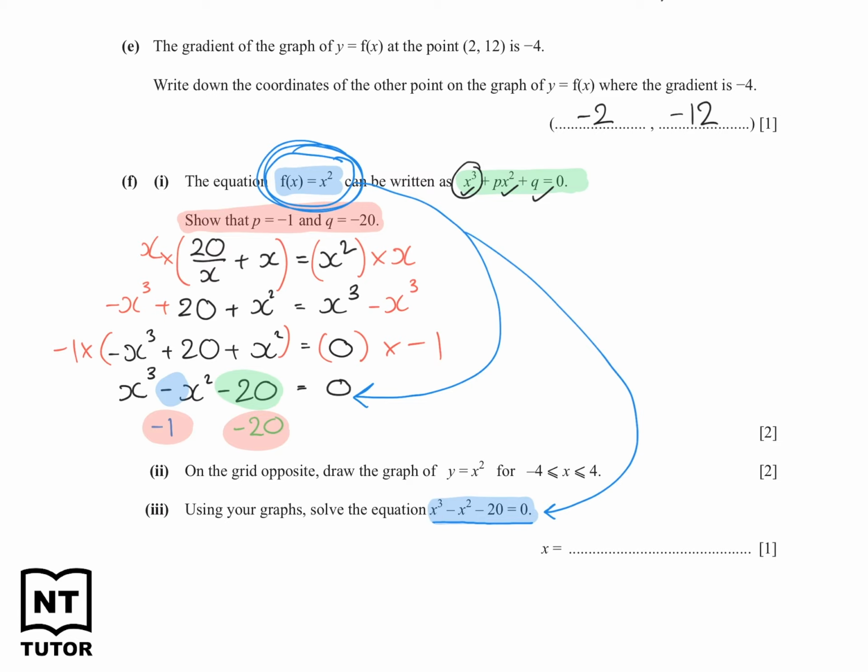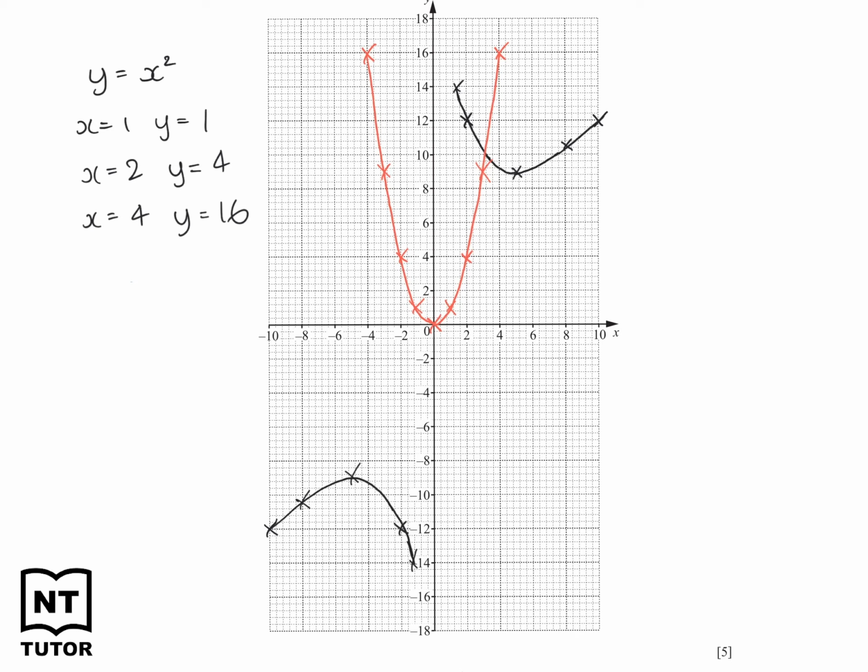And we can find this from the graph that we just drew. We already drew the graph of y equals x squared in the previous part of the question, and we've drawn the graph of y equals f(x) already here.